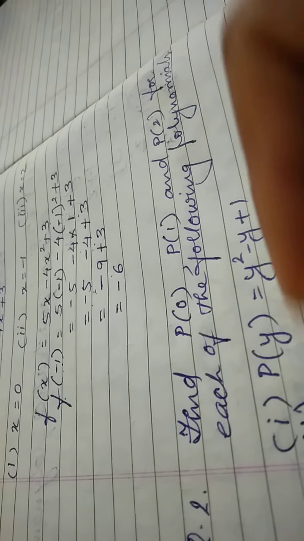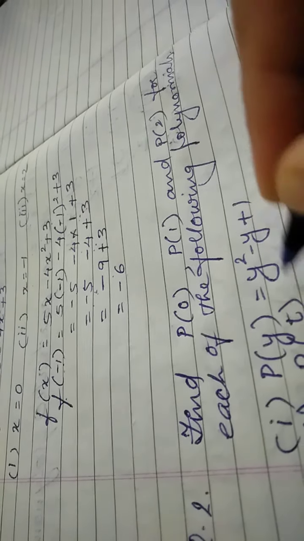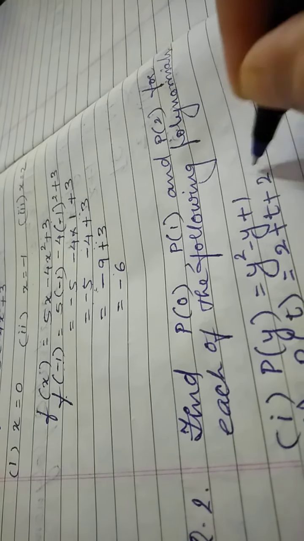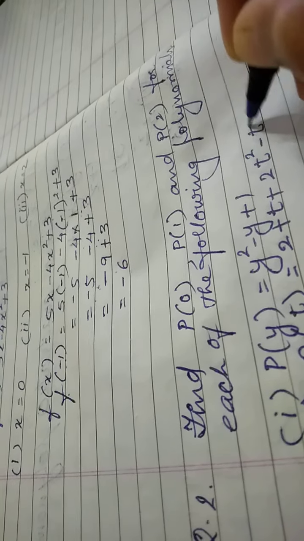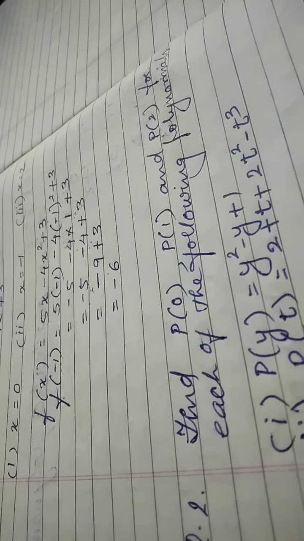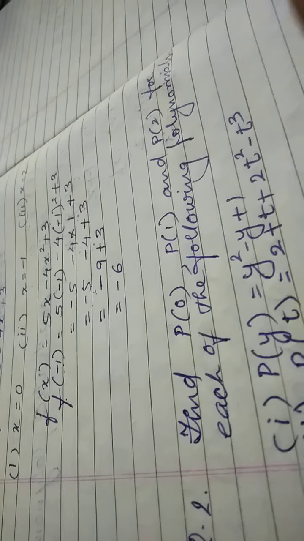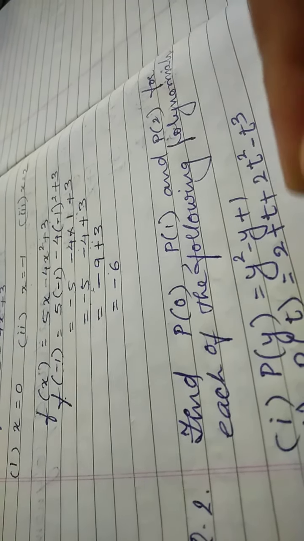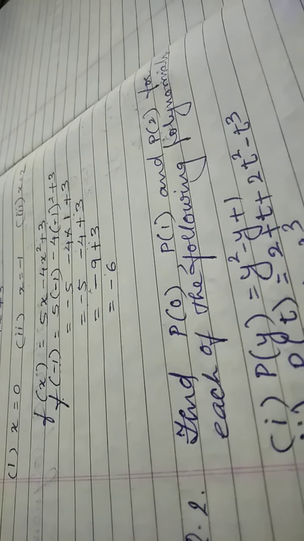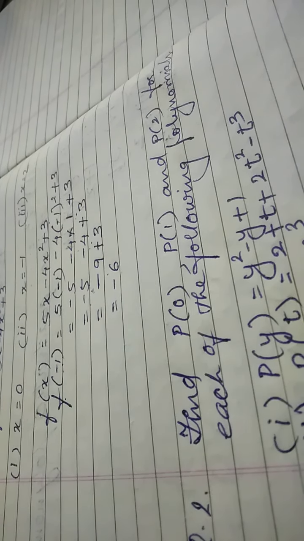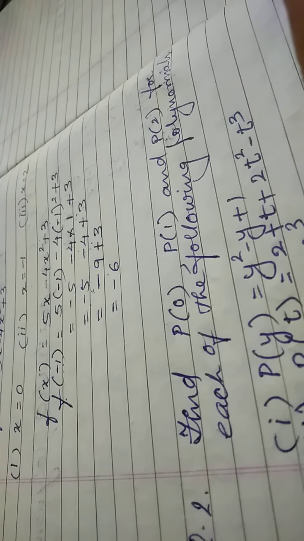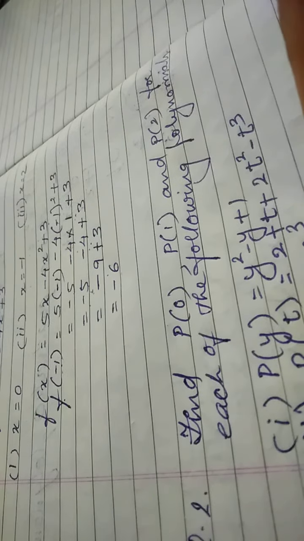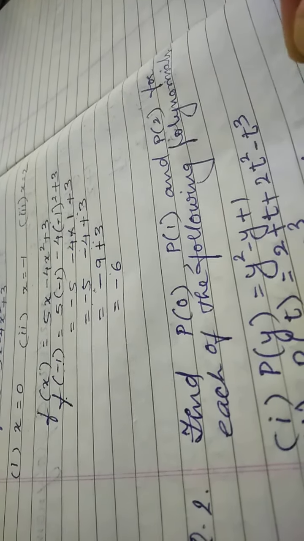Second one is p of t is equal to 2 plus t plus 2t square minus t cube. Third is p of x is equal to x cube, and fourth is p of x is equal to x minus 1 into x plus 1.